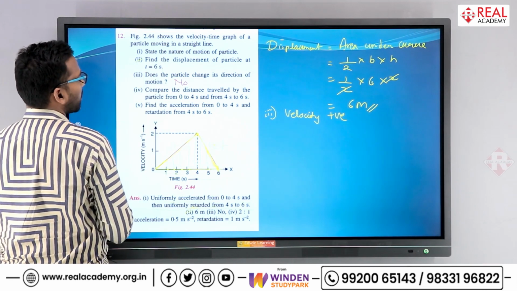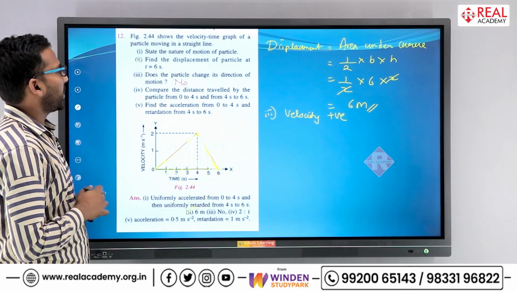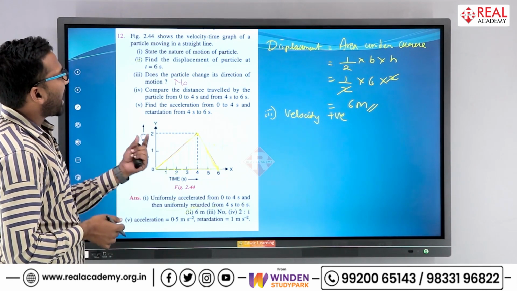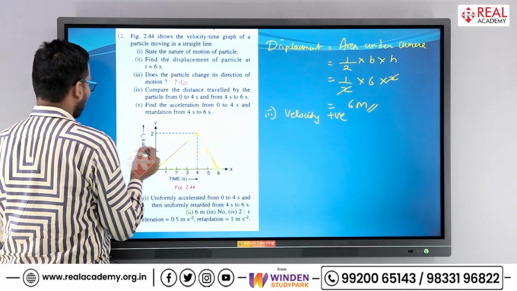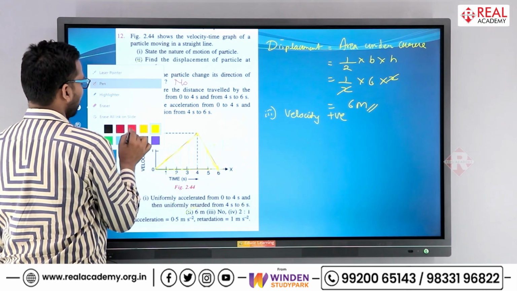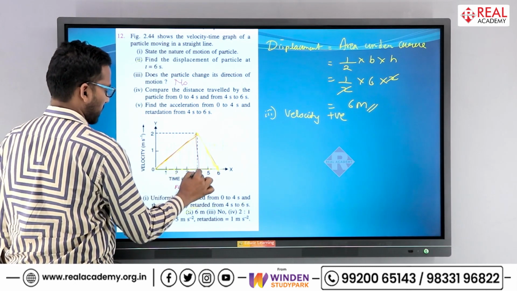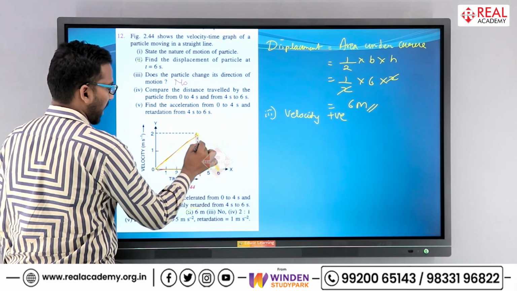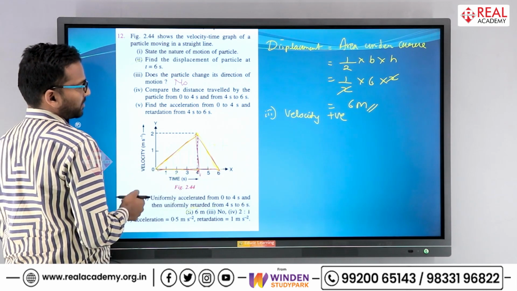Fourth one: compare the distance traveled from 0 to 4 seconds and 4 to 6 seconds. That means we need to take first this triangle from 0 to 4 seconds and then 4 to 6 seconds.